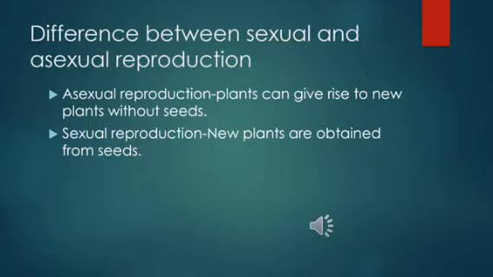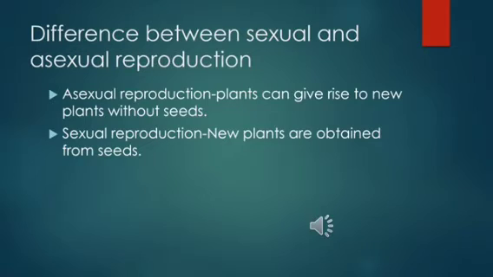To get a new rose plant, I can just cut a portion of the stem and I can plant it. A new plant will grow. So that means it does not require seeds to produce a new plant. So simple, you have to understand the meaning of asexual reproduction.